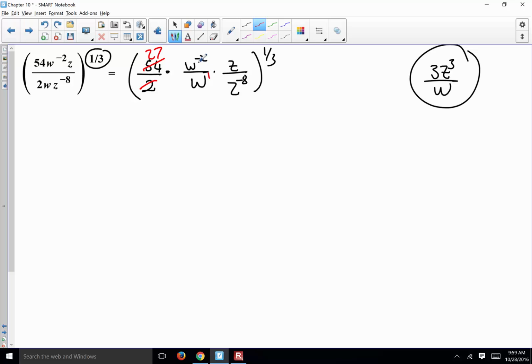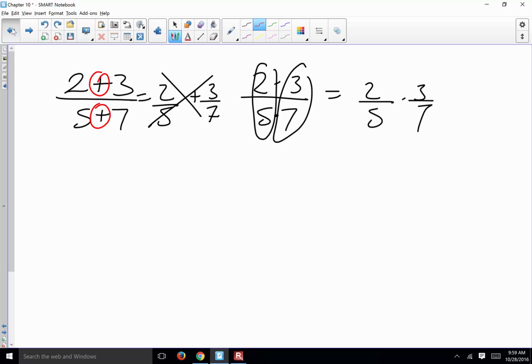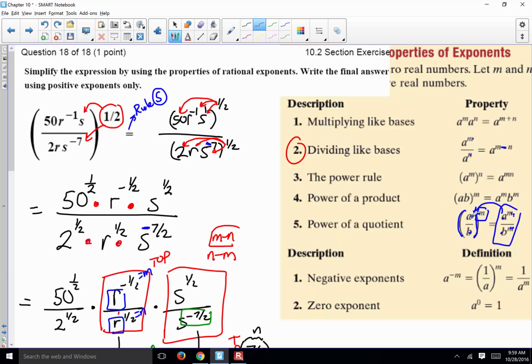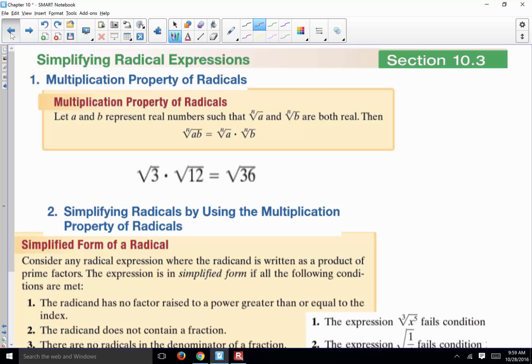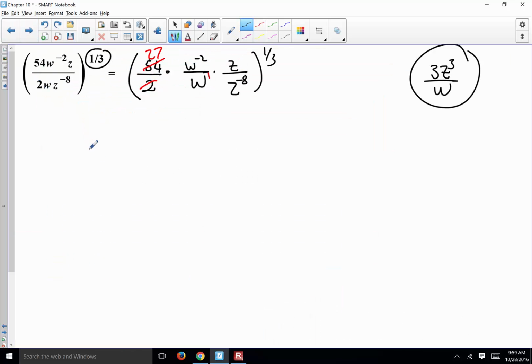How about w squared over w? How do you combine it? What is the rule? W squared and w, you just subtract 2 and 1. W to the 2 minus 1. Okay. Here you go. We need to subtract that. So it's 27. We subtract the bottom from the top and we get minus 1, right? Agree?